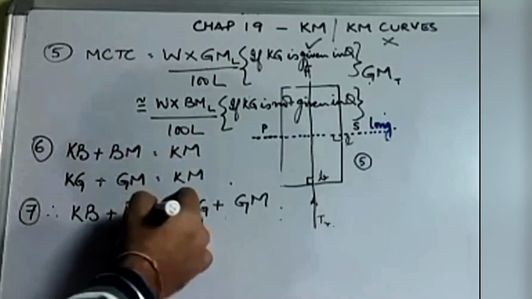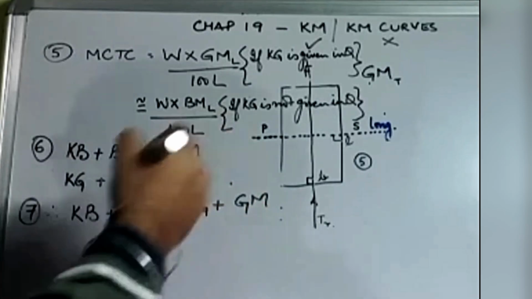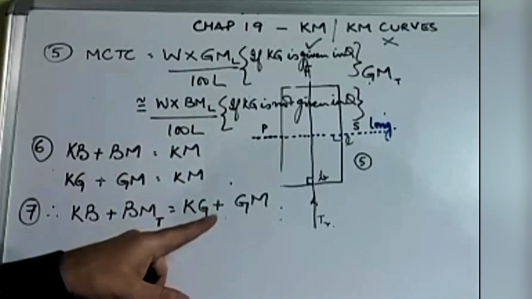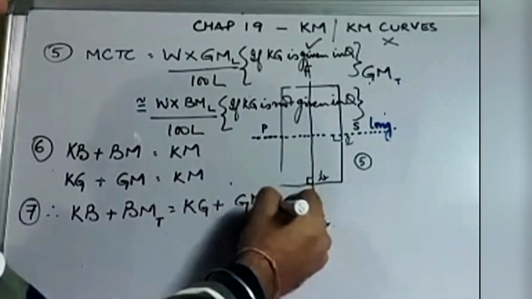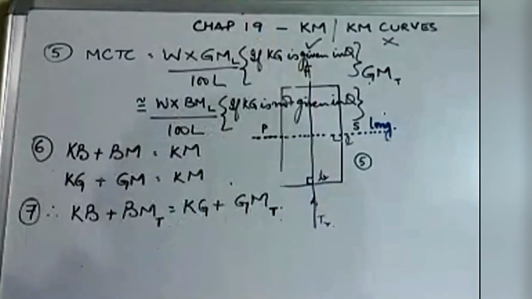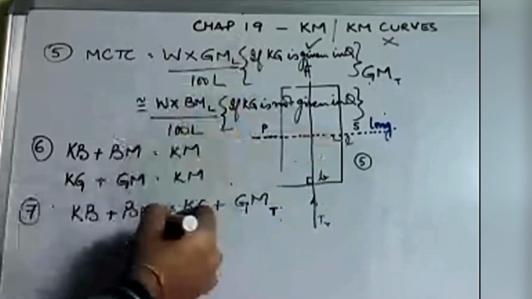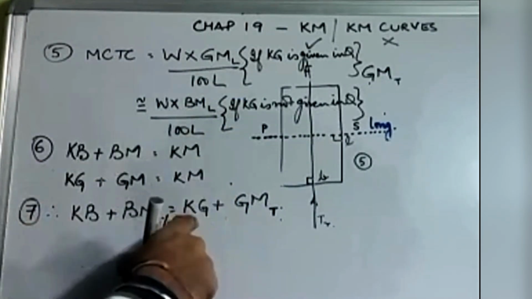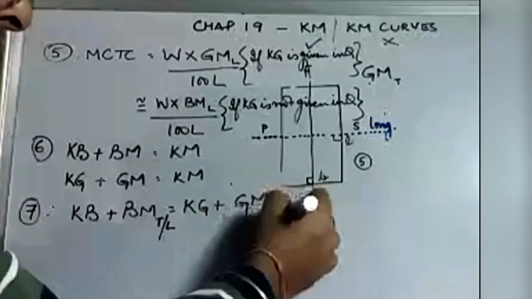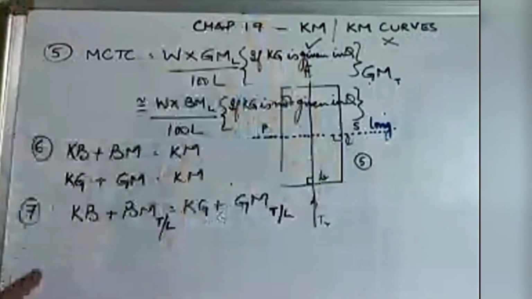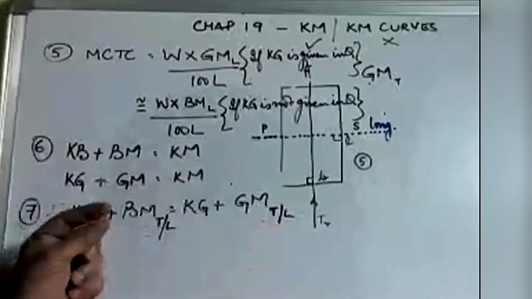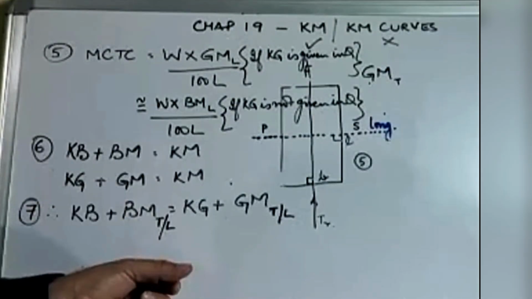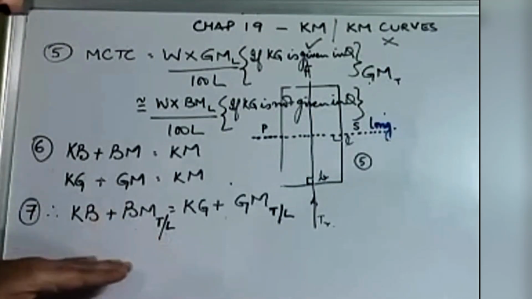If I'm talking about transverse, then this is transverse. So KB plus BMT is equal to KG plus GMT. Supposing I'm talking about longitudinal, then KB plus BML is equal to KG plus GML. So the same equation can be used for either transverse or longitudinal, depending on the orientation you are looking at.